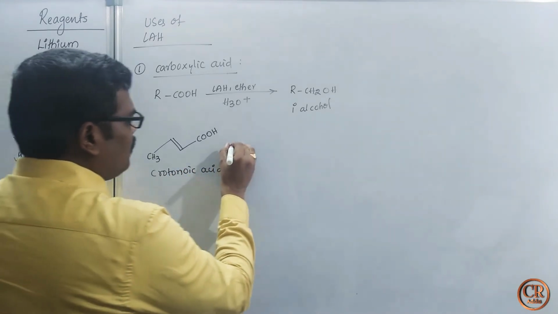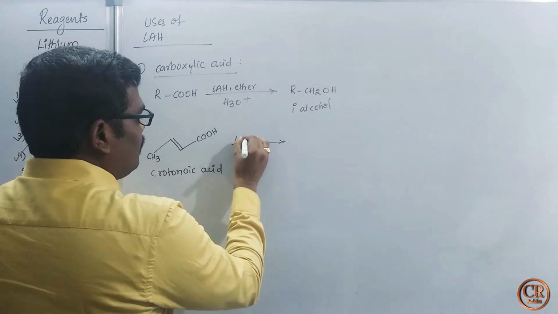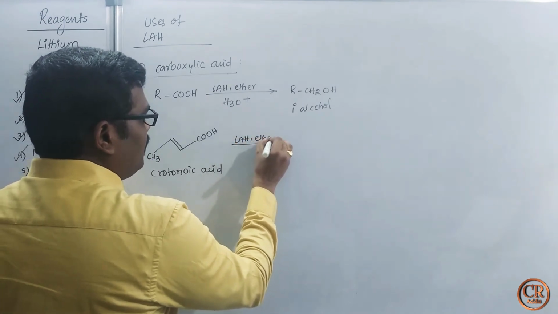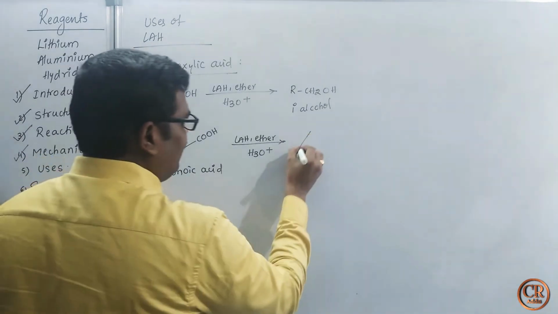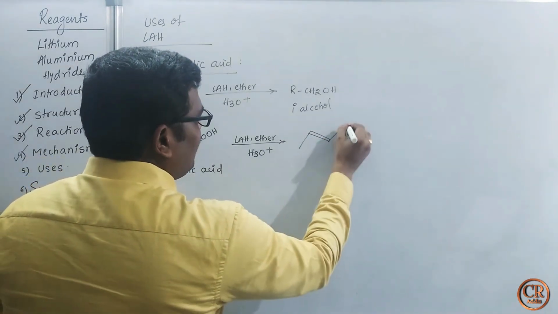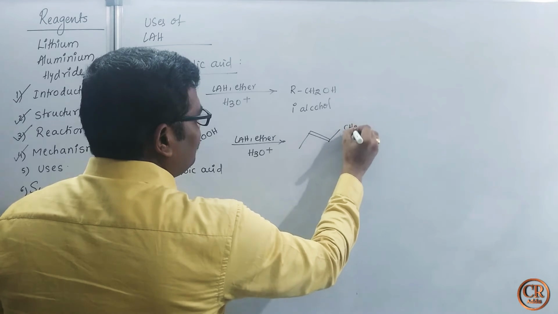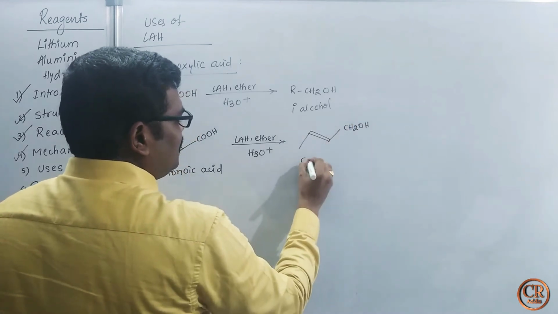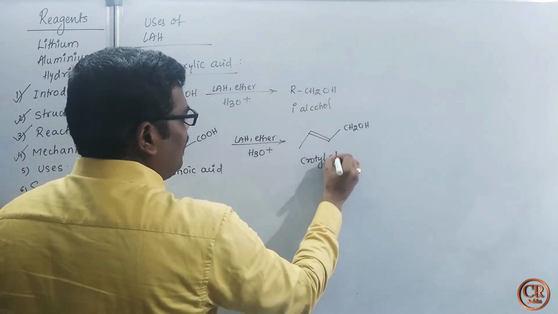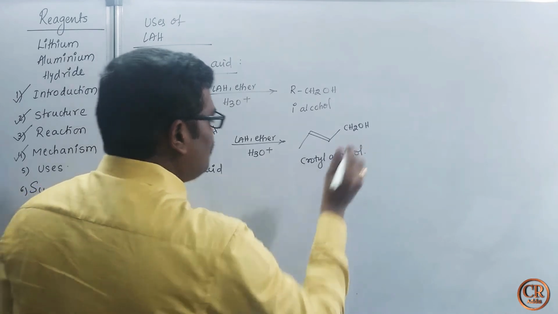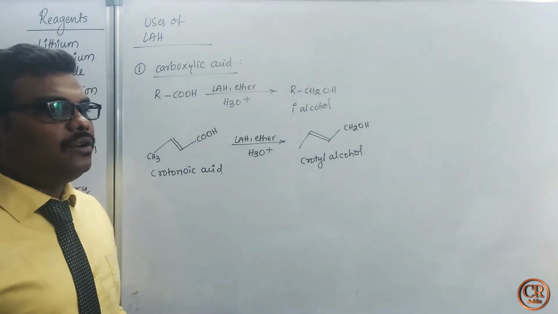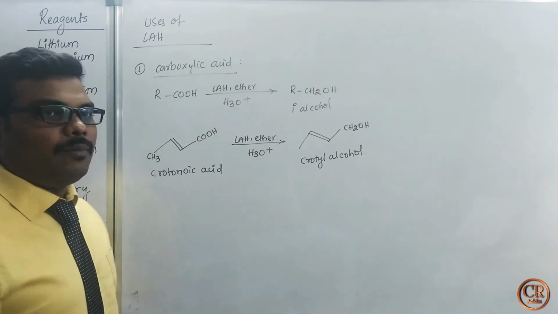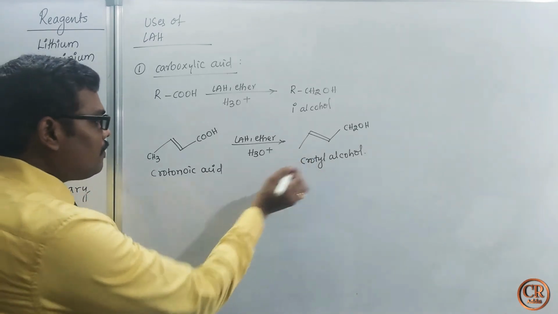When this crotonoic acid reacts with lithium aluminium hydride in ether followed by acid hydrolysis, it gives crotyl alcohol. The name of this one is crotyl alcohol. So is there any change in the double bond position? There is no change in the double bond position.